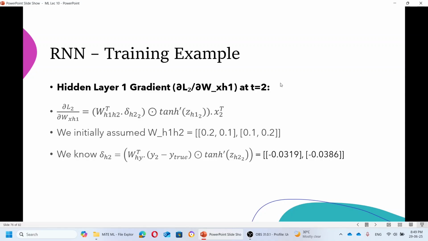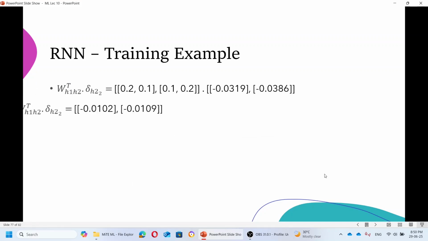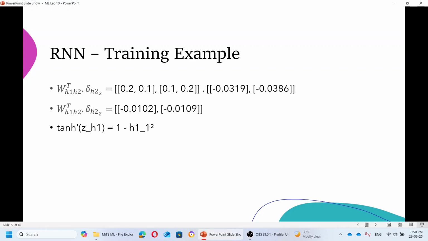We already computed delta h2 before, so we simply use the values here: 0.2, 0.1 and 0.1, 0.2 transposed, and minus 0.0319 which we computed before, and finally we get these values. The process is exactly the same as we have used before.